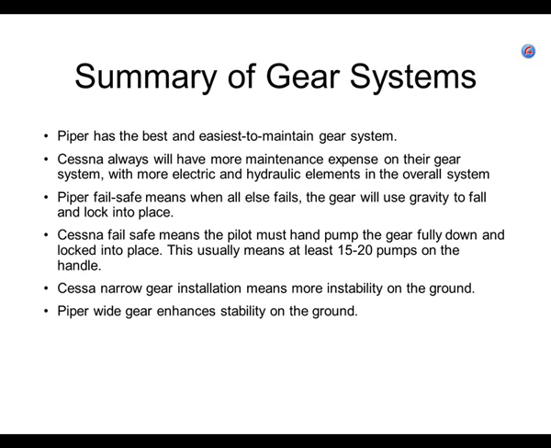You'll never see an advertisement from any insurance company with a Piper upside down. It's almost impossible, except for the Piper Cub. The Piper Cub is a different story. But all other Pipers that compare with all other Cessnas, you can't flip a Piper aircraft upside down.